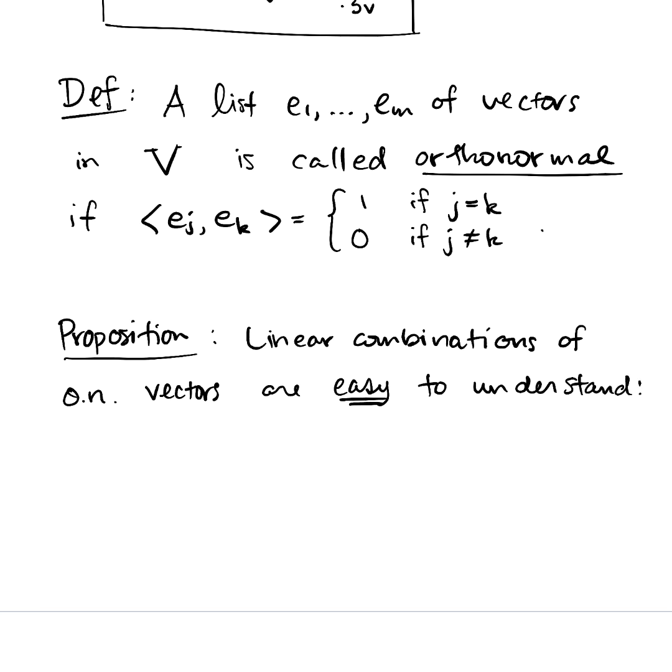And mathematically, what I mean by this proposition is, if you were interested in the norm of a linear combination of orthonormal vectors, E1 through EM, the square of the norm of that linear combination, so nice.